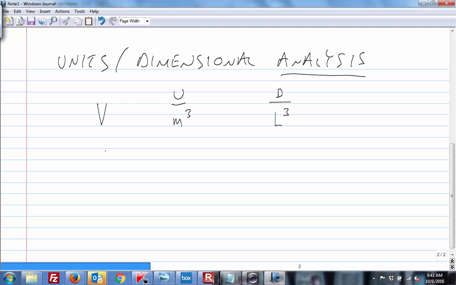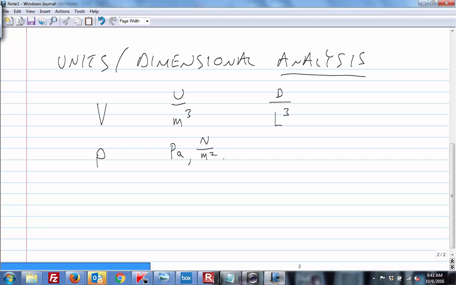Now let's look at pressure next. P, and I'm trying to draw that as a lowercase p. And I just told you a second ago that it's measured in Pascals, which are also newtons per square meter.